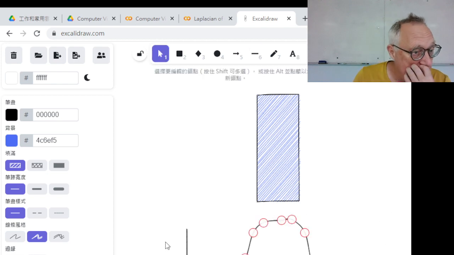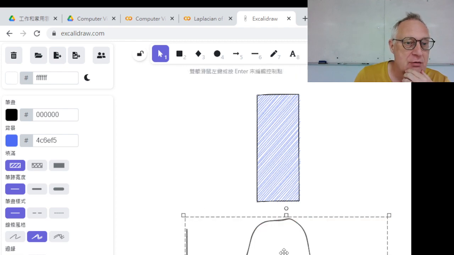Here's our image function, the response for that image here.